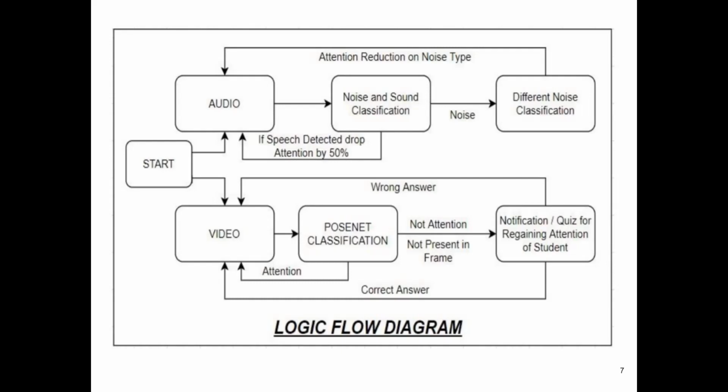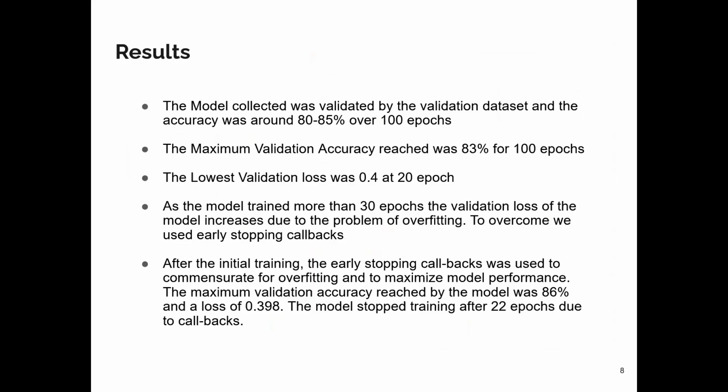So this was the whole system that we designed for the classroom, which could easily be deployed using a simple camera and microphone. So coming to the results, the model was validated by the validation set, and the accuracy was around 80% over 100 epochs. The maximum validation accuracy reached was 83%.